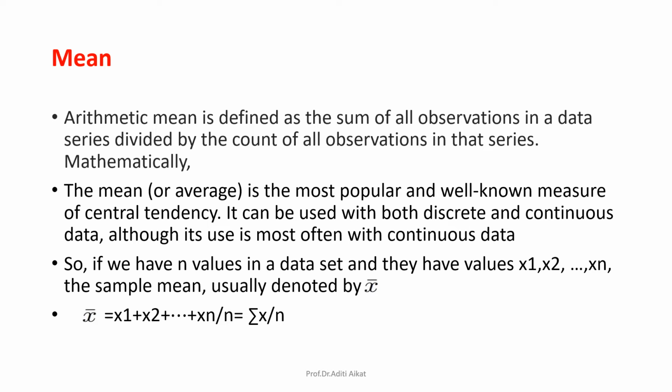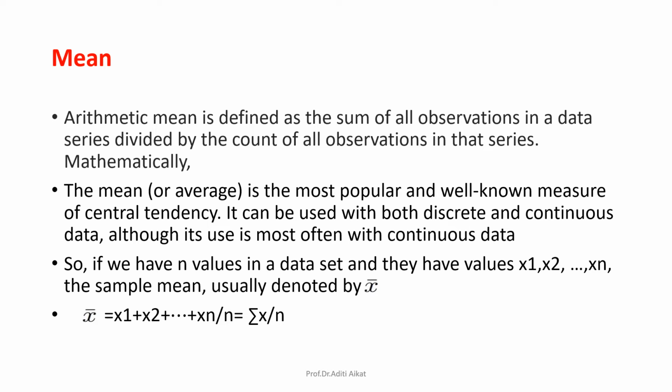So what is this mean? This arithmetic mean is nothing but the sum of all observations in a data divided by the count of all observations in that series, mathematically. It's also called the average and is the most popular and well-known measure of central tendency. It can be used for both discrete and continuous data, although its use is most often with continuous data.